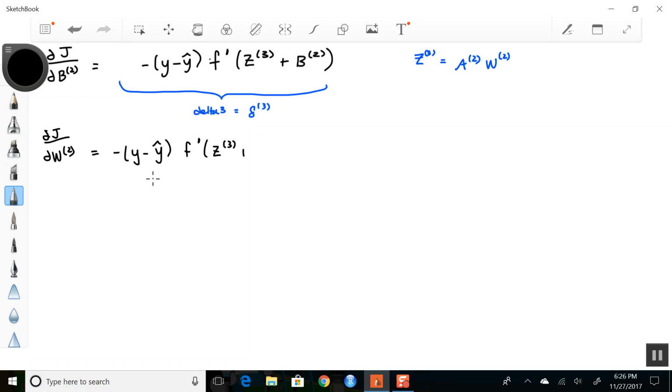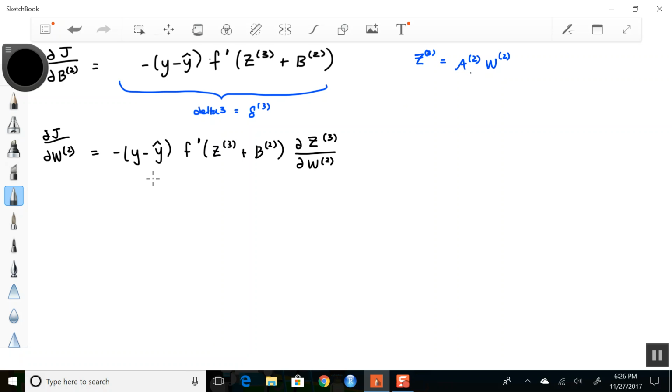The derivative so far is the same, but now we continue applying the chain rule to see how this Z3 changes with respect to the second weight matrix.